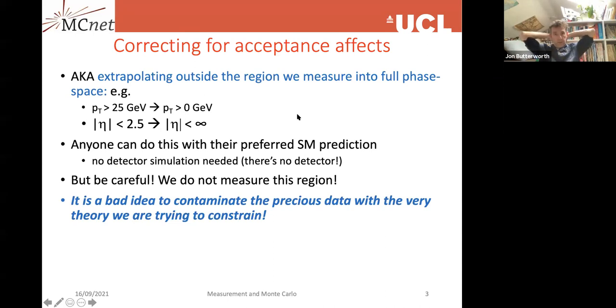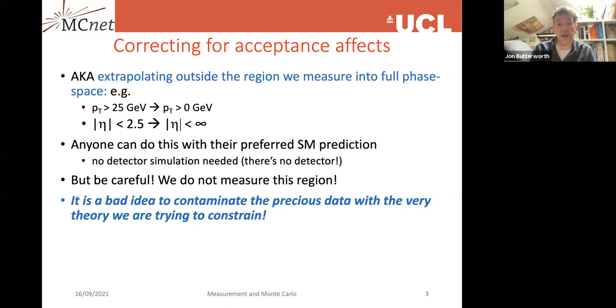So what I mean by correcting for acceptance effects is extrapolating outside the region where we measure into some full phase space. For instance, if you have a trigger selection that requires that jets have a pT greater than 20 GeV, or that electrons or muons have a pT greater than 25 GeV, you may decide that you have a fully inclusive calculation you want to compare to, so you're going to extrapolate away from that.